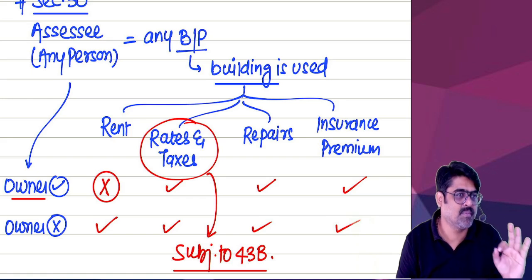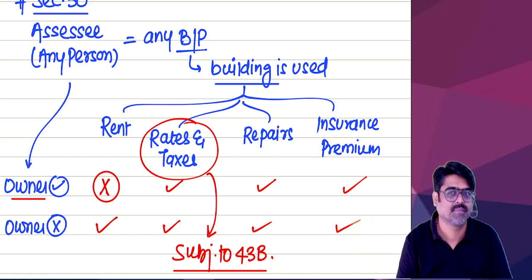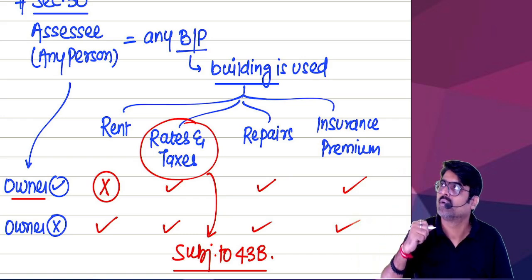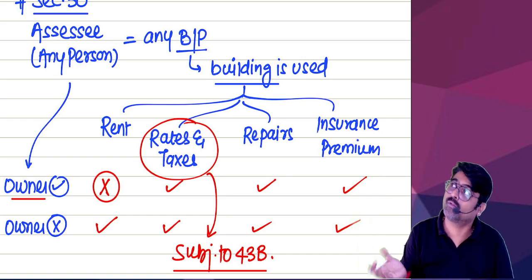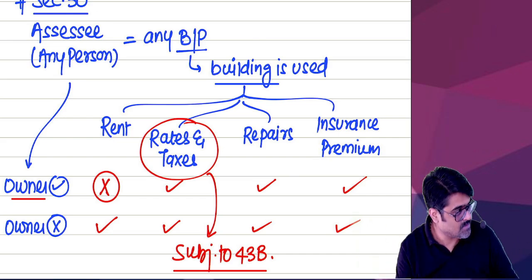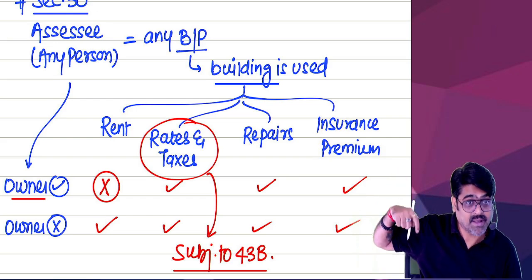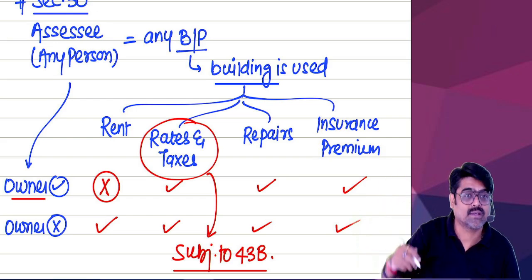Only these type of repairs will be allowed as a deduction under section 30. Ceiling was leaking, so I got the ceiling repaired. Because of this, will my building's value increase? Will my building's capacity increase? Will the area become double? No, so this is a repair of current nature.